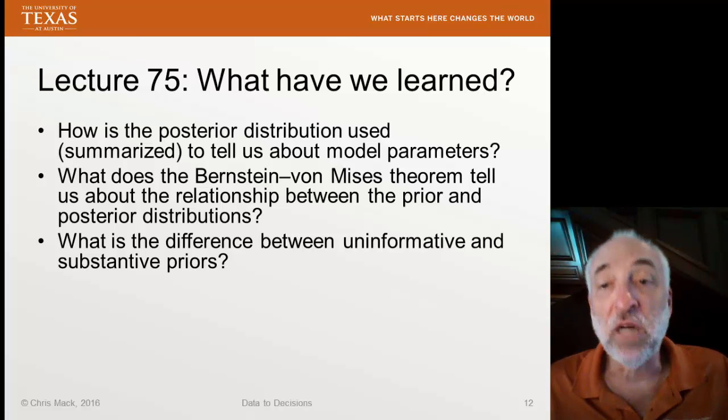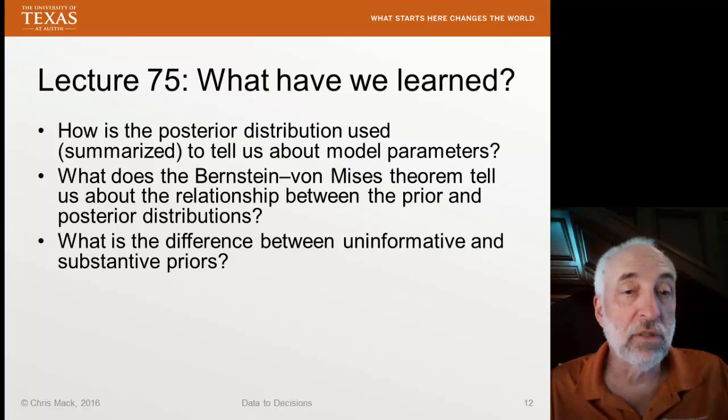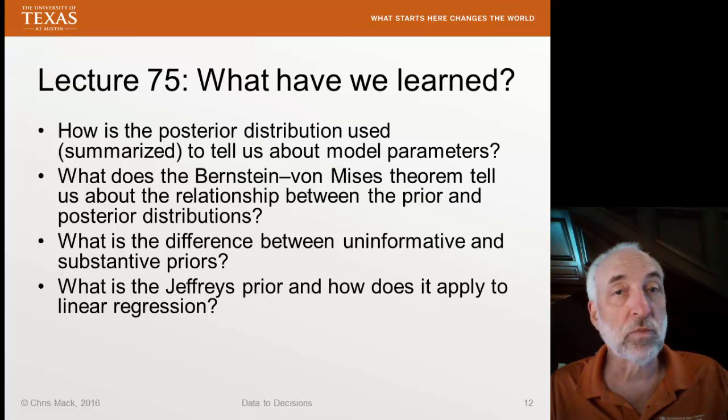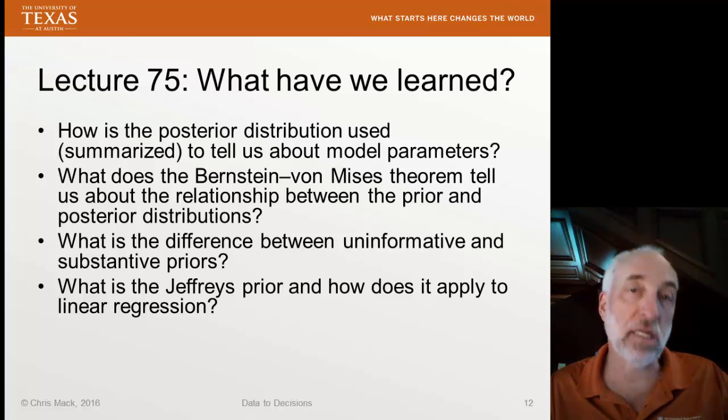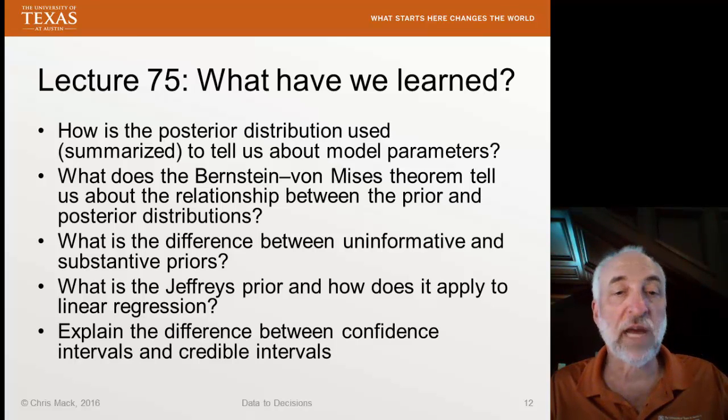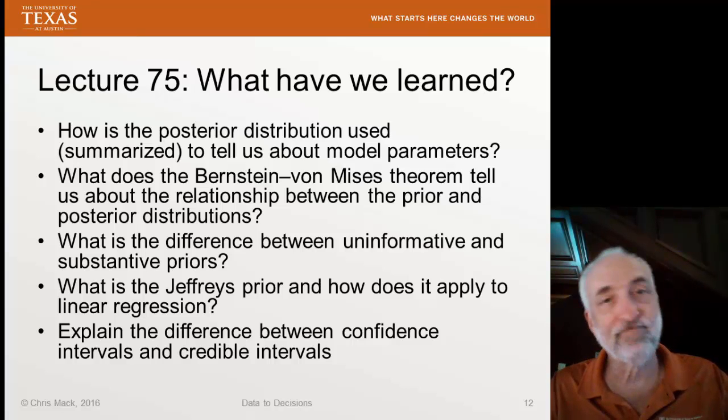What is the difference between uninformative and substantive priors? What is the Jeffreys prior, and how does it apply to linear regression? And finally, explain the difference between confidence intervals and credible intervals. Well, still more to learn about Bayesian regression. Till then.